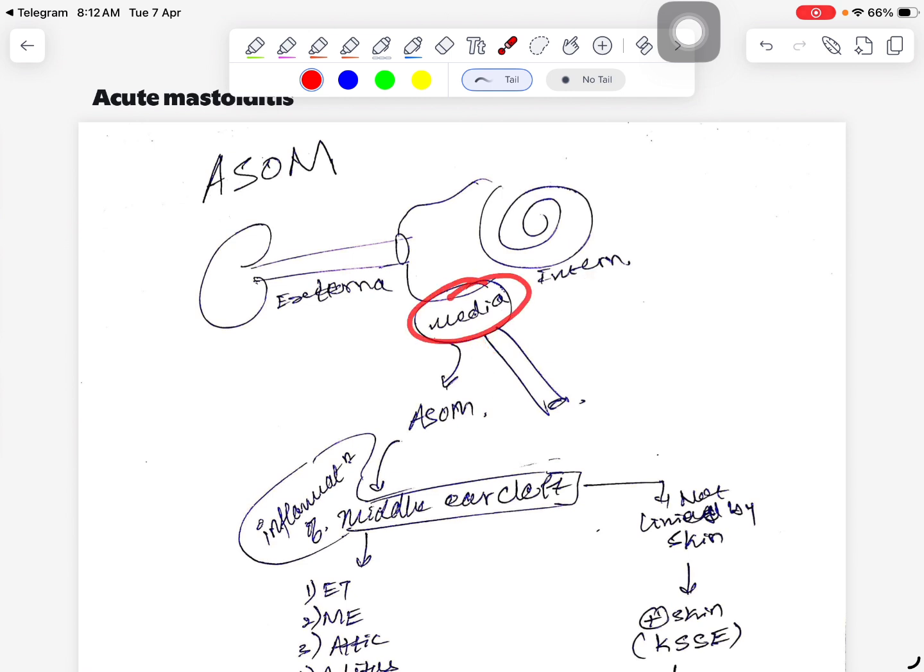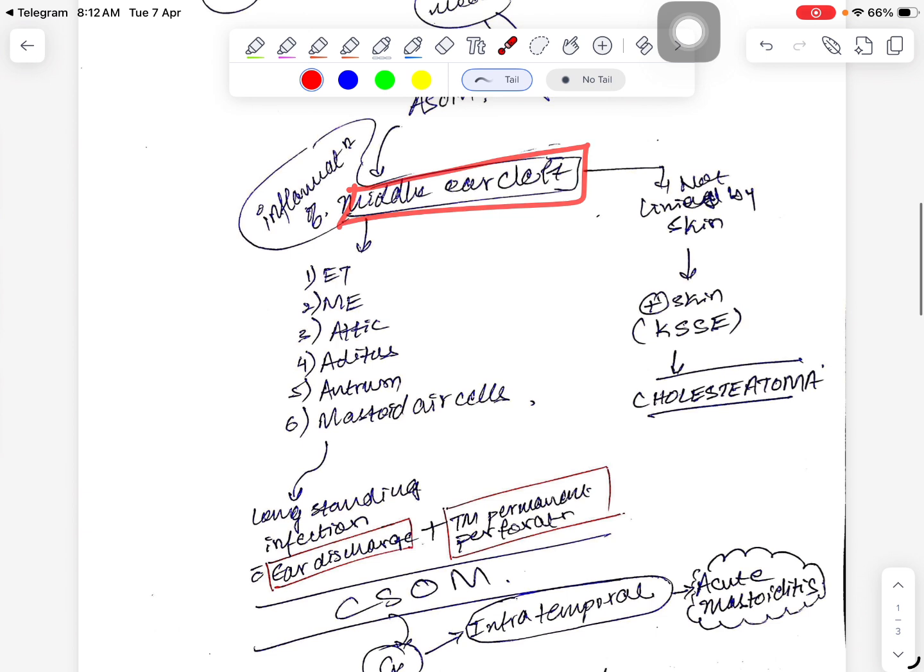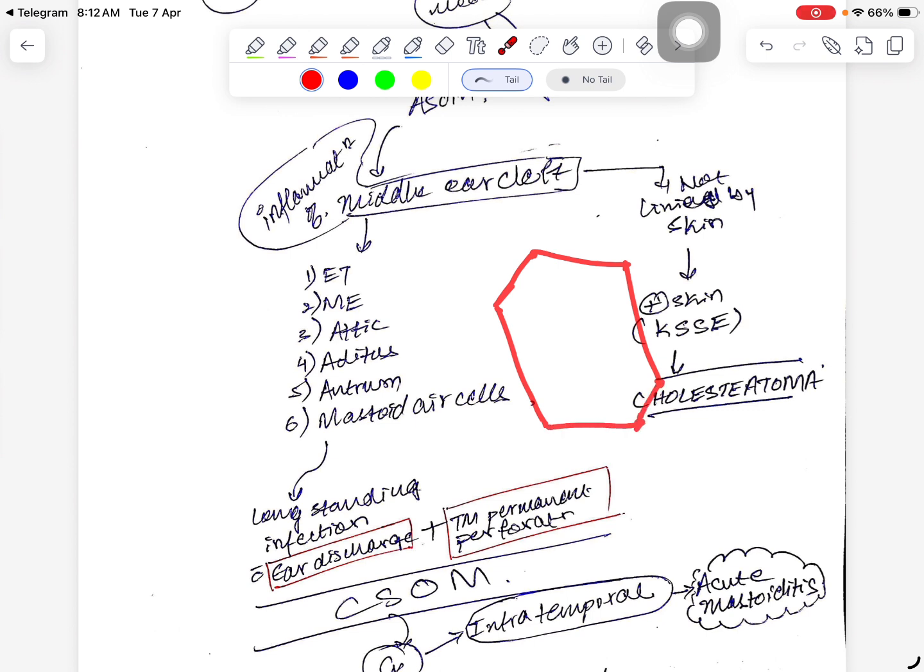If infection happens in the media, it is called acute suppurative otitis media. Media means the middle ear cleft. The middle ear cleft consists of 6 parts, which I remember with a benzene kind of ring. Here is the eustachian tube and middle ear cavity, and then 3 A's: attic, antrum and aditus, and then 1 M, the mastoid air cells.